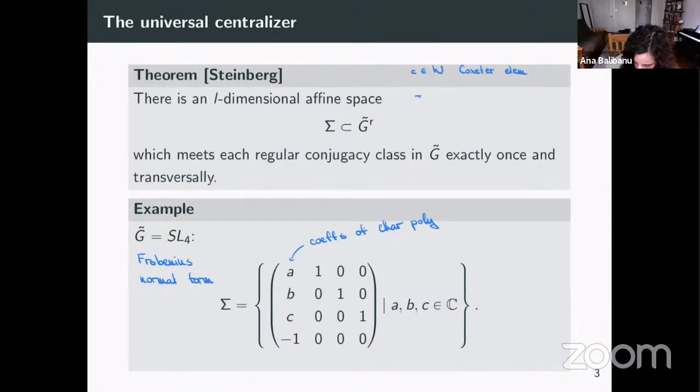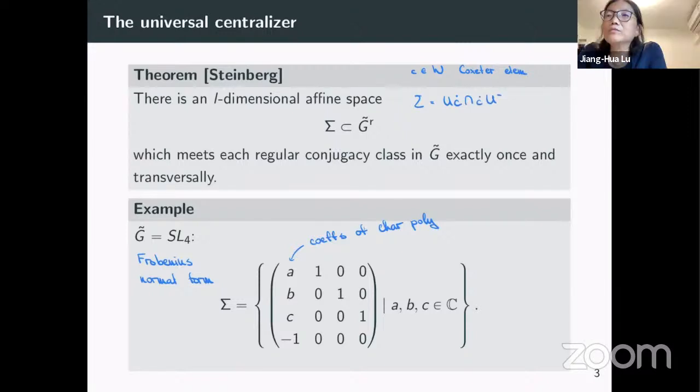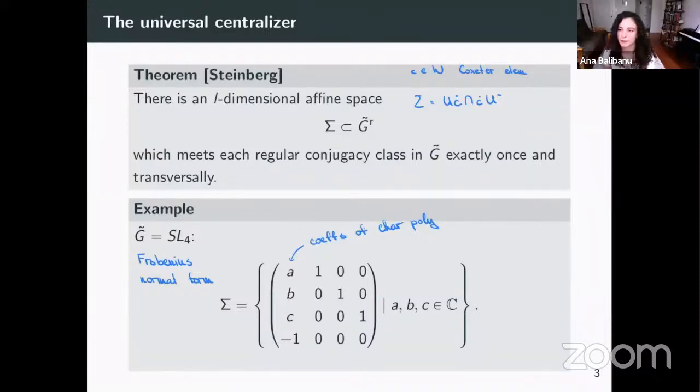And then sigma is, I take the maximal unipotent subgroup and I translate on the right by a representative of this Coxeter element. And then I intersect with the opposite unipotent translated on the left. Right. So yes. And then even here, there's a choice of some torus element. So I mean, everything is isomorphic, but it's not canonical. Okay.